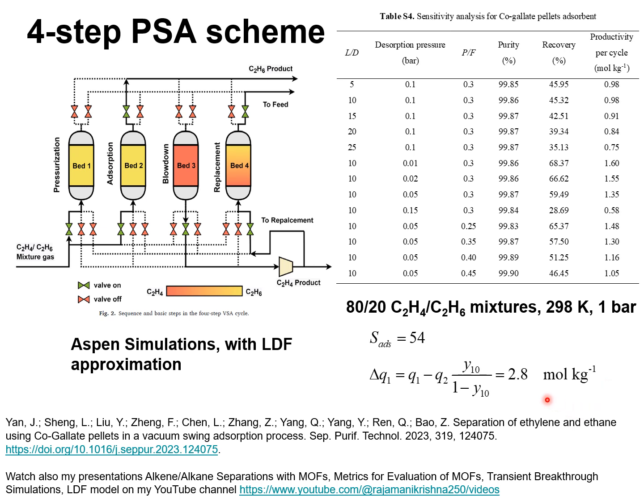So one wonders why in this PSA scheme that is described in this paper, the maximum achievable productivity is only 1.6 moles per kilogram. And I'll proceed further to dissect and analyze the separation to understand why the productivity that is reported in this paper happens to be significantly lower than the value of 2.8, that is the maximum achievable.